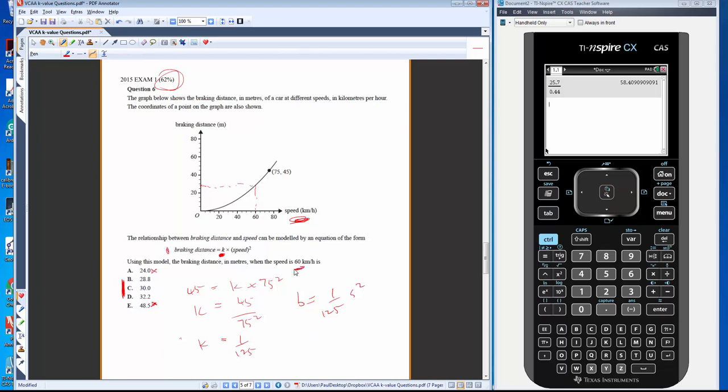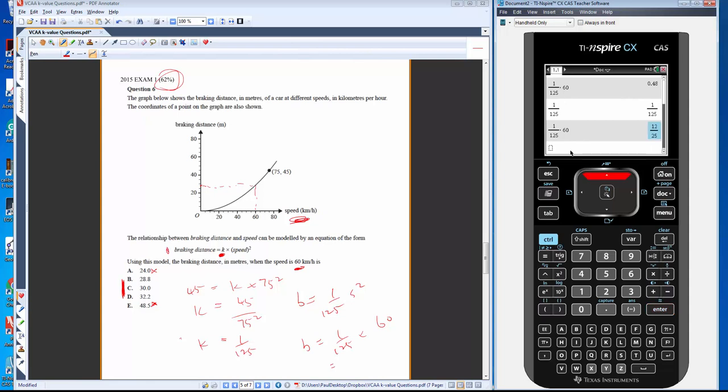Alright, so speed is 60, so we're going to go B equals 1 on 125 multiplied by 60 squared. One 125th of 60... what happened there? 1 over 125 times 60.